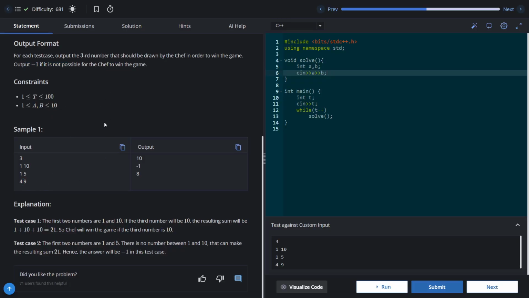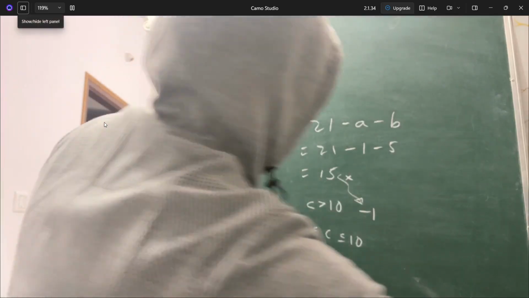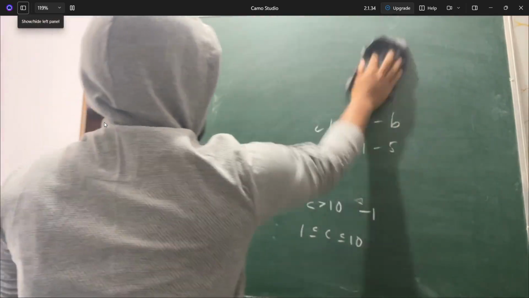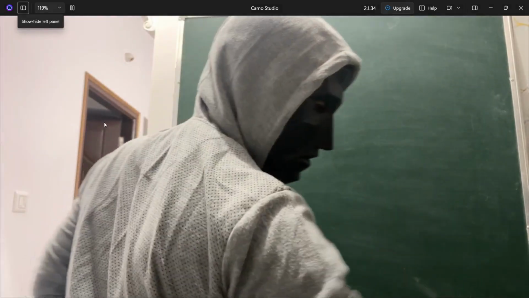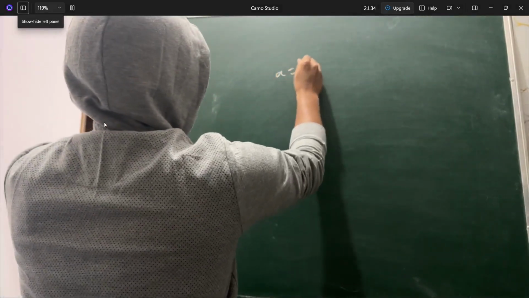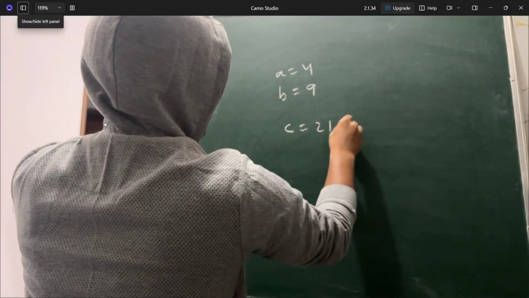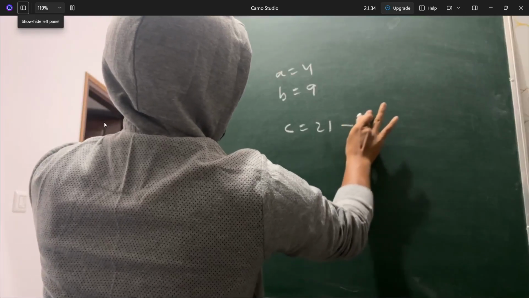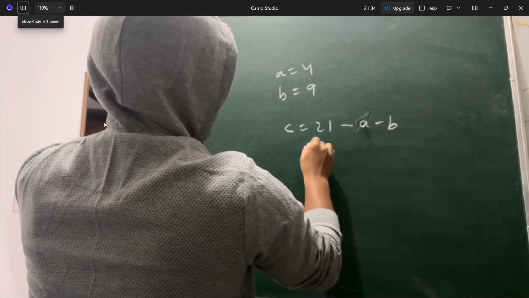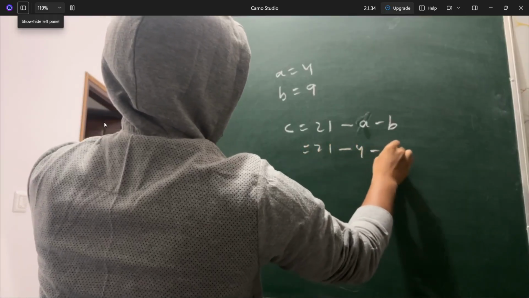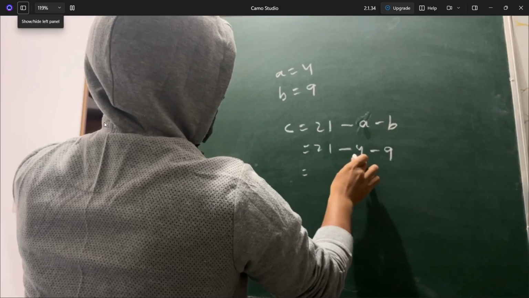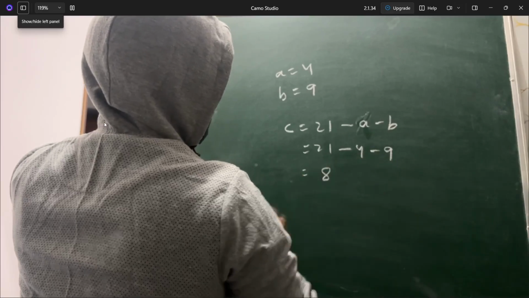Let's take the last case, 4 9. A is 4 and B is 9. So C you'll have to find, which is 21 minus A minus B, which can be written as 21 minus 4 minus 9. So this is 17 minus 9, that is 8.